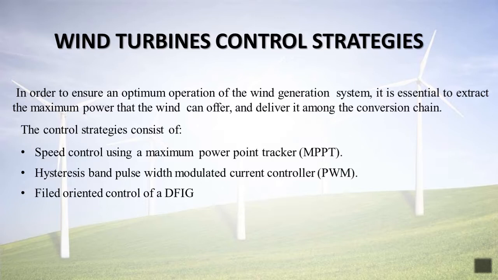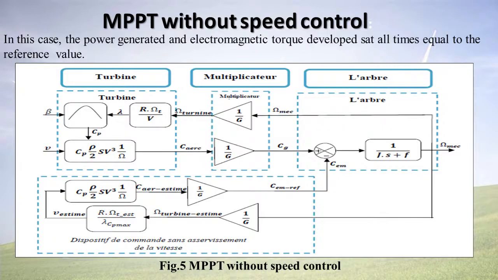Okay. Wind turbine control strategy. The control strategy consists of speed control using a maximum power point tracking (MPPT control), a series of pulse width modulated current control (PWM), field oriented control of a double fed induction generator. Okay, the first one, MPPT without speed control.